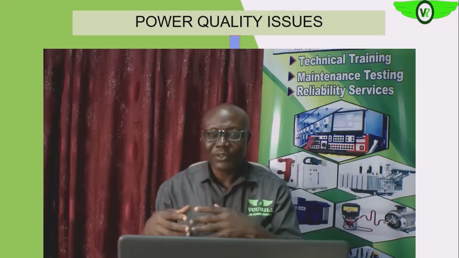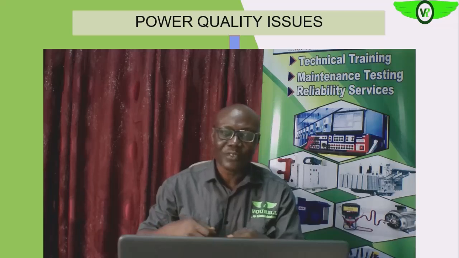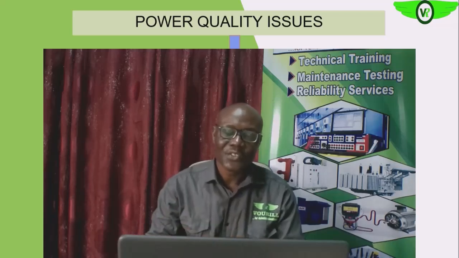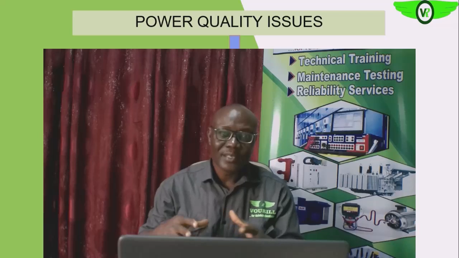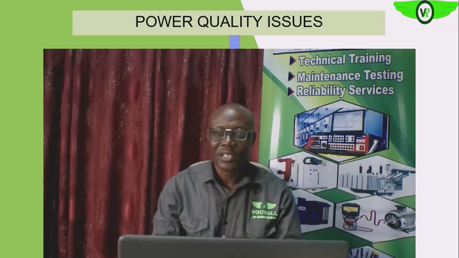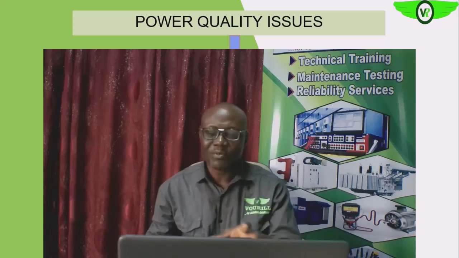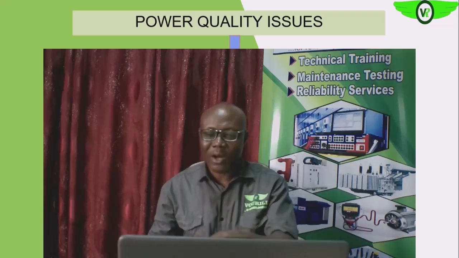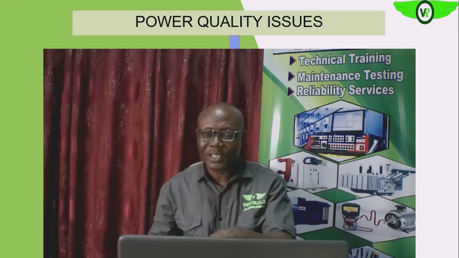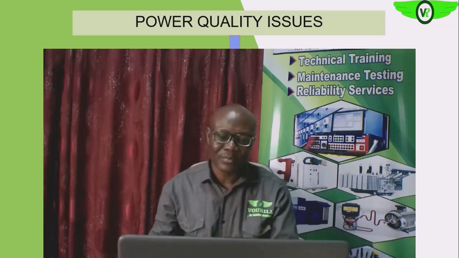Then swell also has the effect of increasing the pressure on the insulation, apart from the increased speed that it will eventually cause on the system. So these are some of the power quality issues or signal abnormalities that we need to guard or protect our system against.